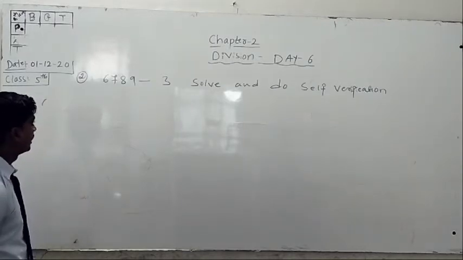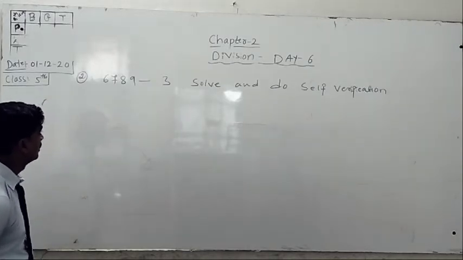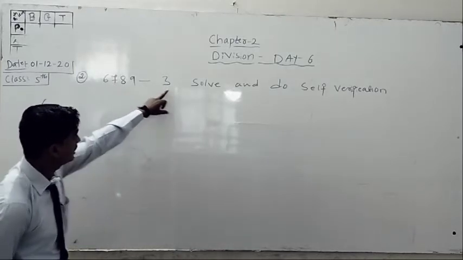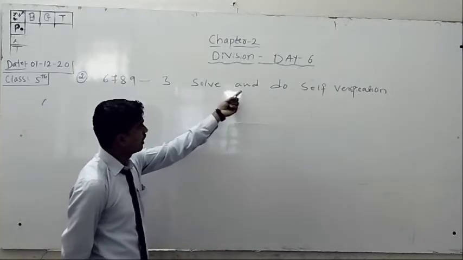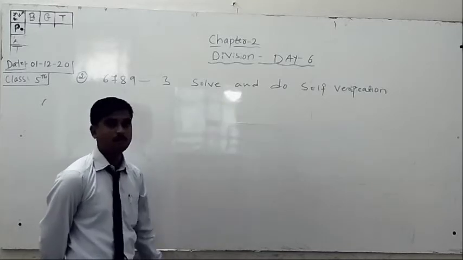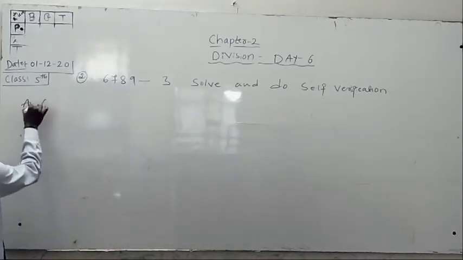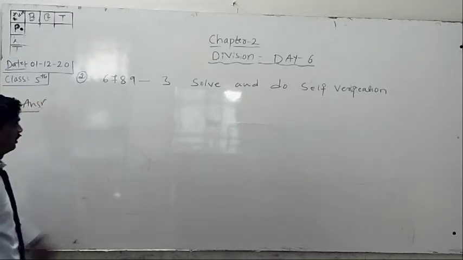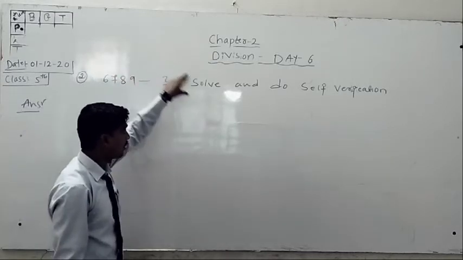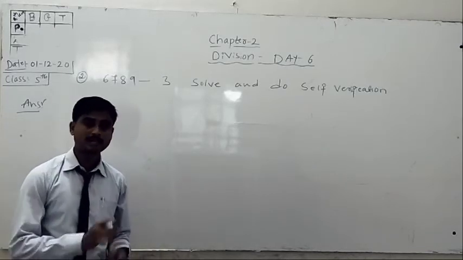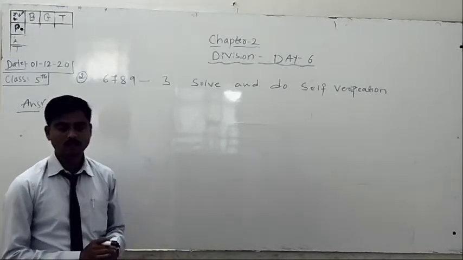Yes, dear students, 6,789 divided by 3. Solve and do self verification. Yes or no? Then answer. This problem you have to solve, afterwards check whether it is correct or not. You have to check by yourself only.